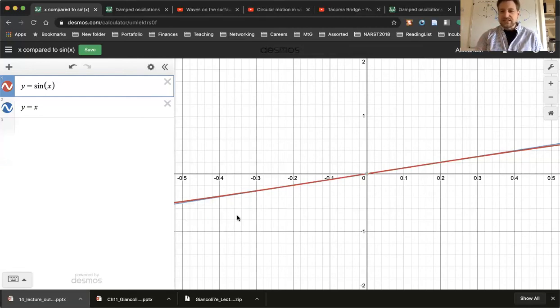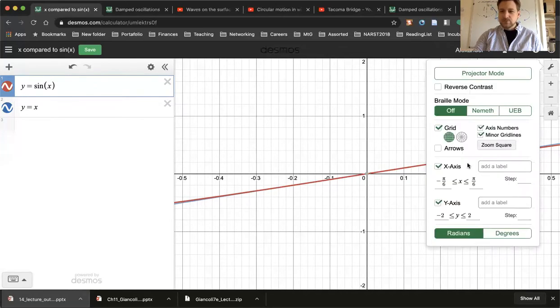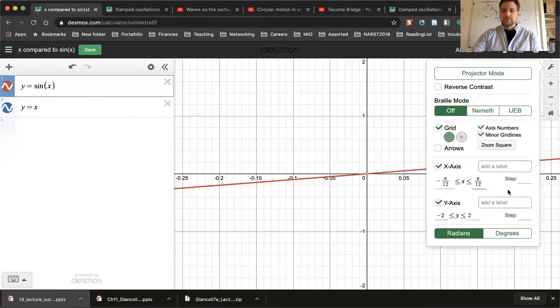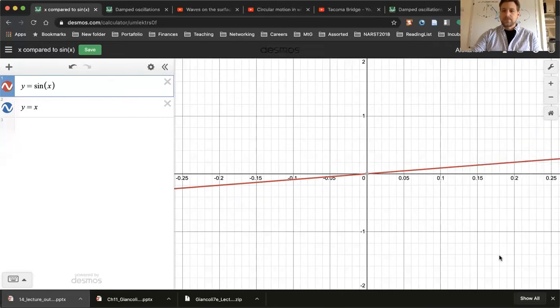So just to be safe, what if we got half of that again? What if we went from, instead of 30 degrees, what if we talked about 15 degrees? So pi over 12. See, we can't even see the difference anymore.